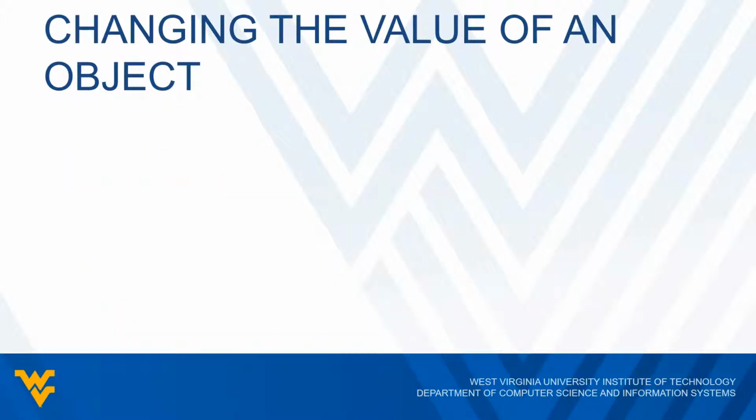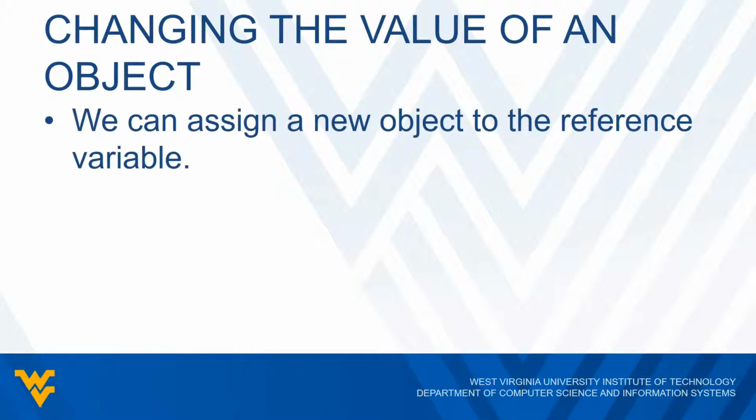So then you're probably wondering, if I can't change the object of a string class, then how do I change a string? Well, what we do is create a new object and assign the address of that object to the reference variable. For example, I can do str equals hi.